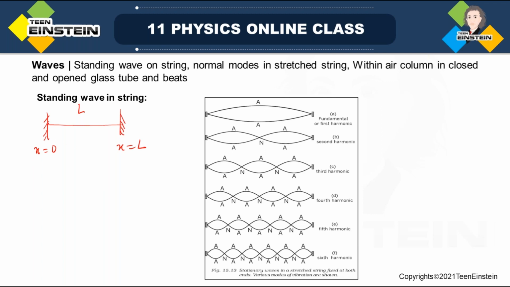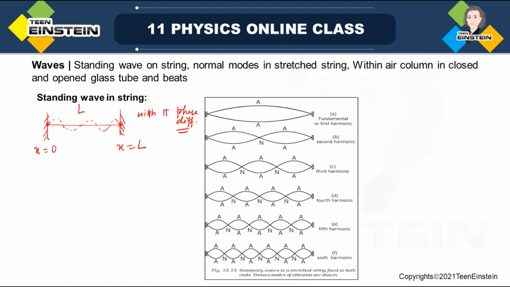Since these two points are rigidly fastened, if a wave travels like this, after coming from here, at this end it will be reflected back, but with a π phase difference, a 180-degree phase difference.